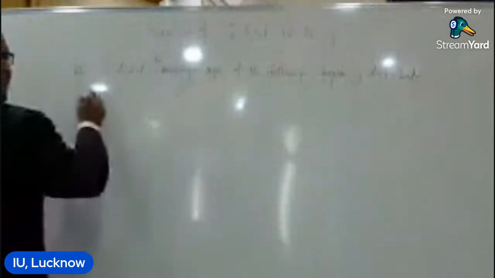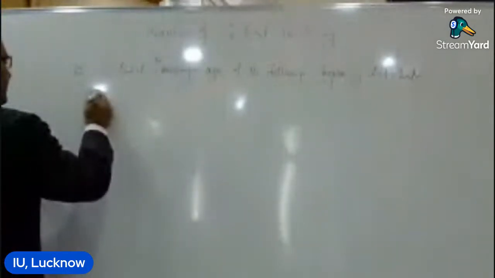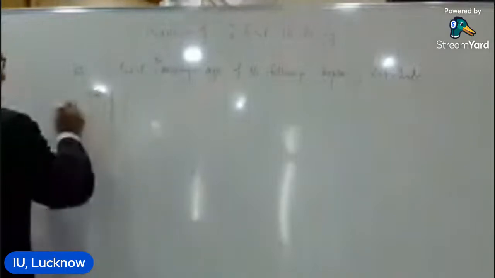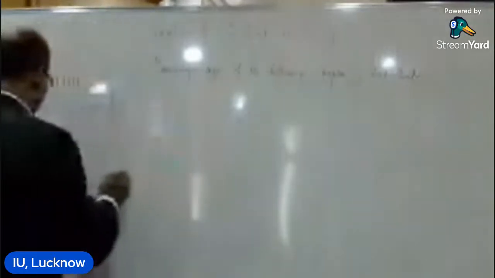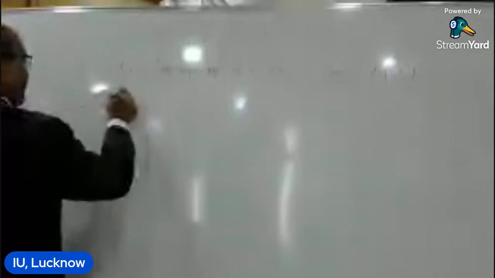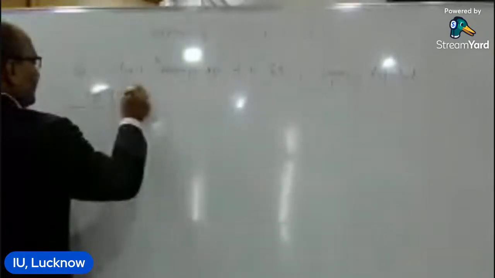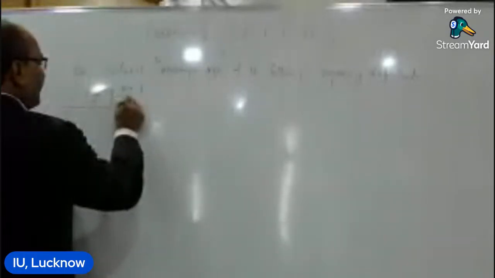The age is given in class intervals and the number of persons.